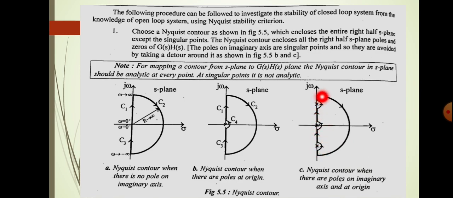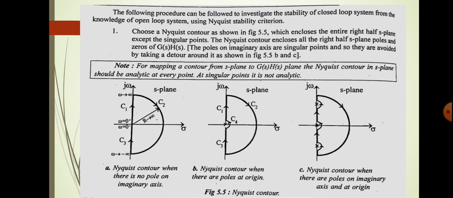So it has different parts: a linear part, a curved part, again a linear part, a curved part, and a linear part. This is the way we choose the Nyquist contour, and the selection will depend upon the number of poles. We will see it clearly when doing a problem.